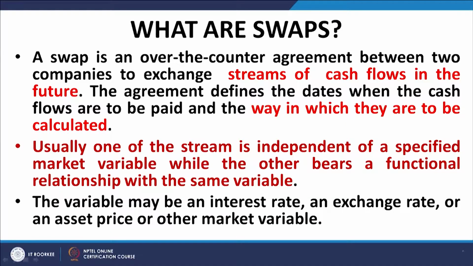But how the cash flows are computed, what are the nuances? For example, the day count fraction which is going to apply to the fixed rate and the floating rate are all embedded in the swap contract.